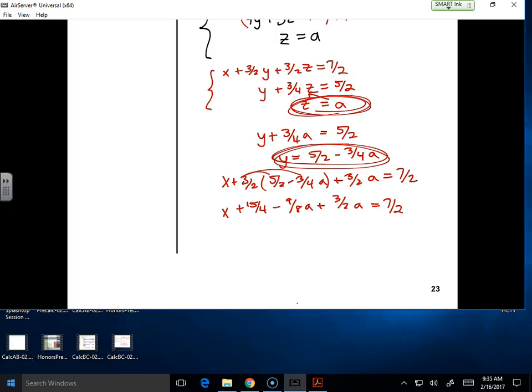Sadly, if you need to combine like terms, we're going to be moving this 15/4 to the other side. To do that, I think I want fourths up here with the 7 to meet them. So 7 times 2/2 would be 14/4 minus 15/4 would be -1/4, right?